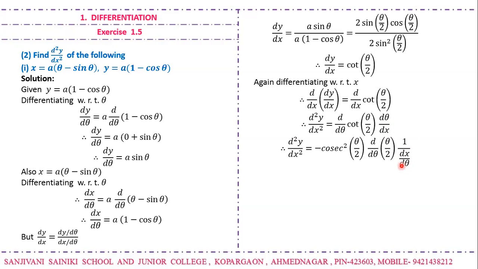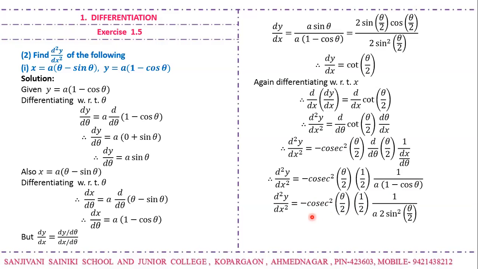And what is dx by d theta? This is a in bracket 1 minus cos theta. So simplify it. We get minus cosec square theta by 2 into 1 upon 2 times this. So 1 upon 4a cosec raised to 4 theta by 2 is the derivative of this function.